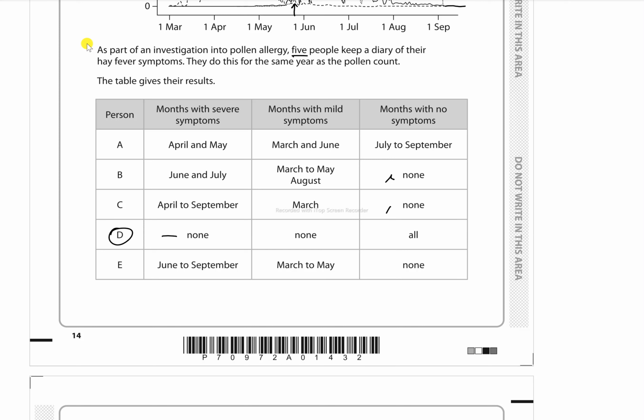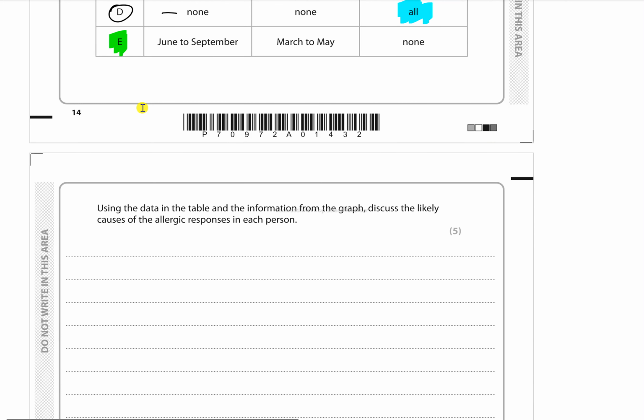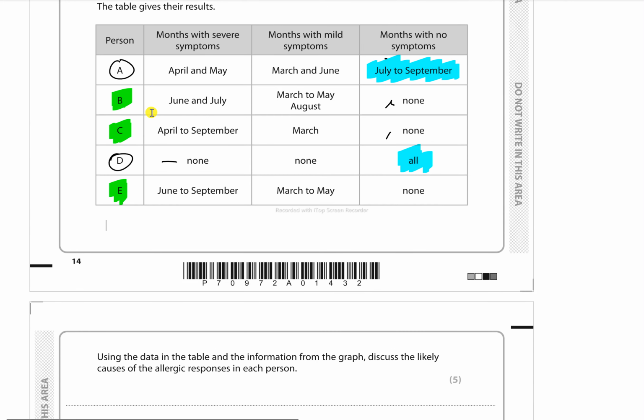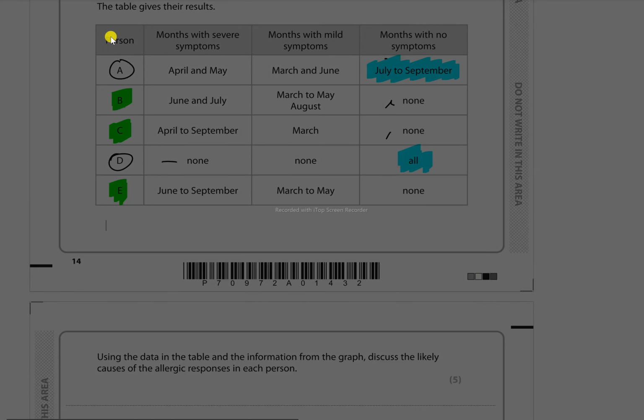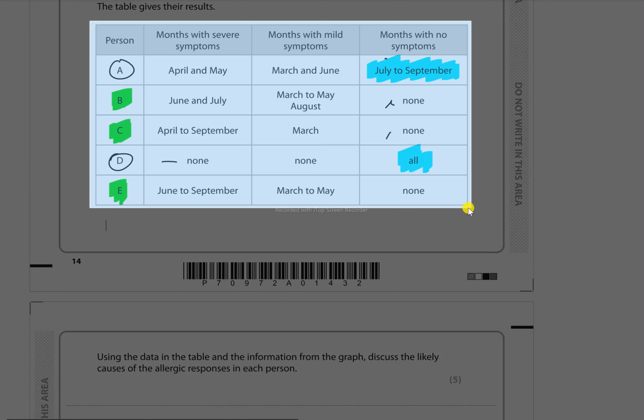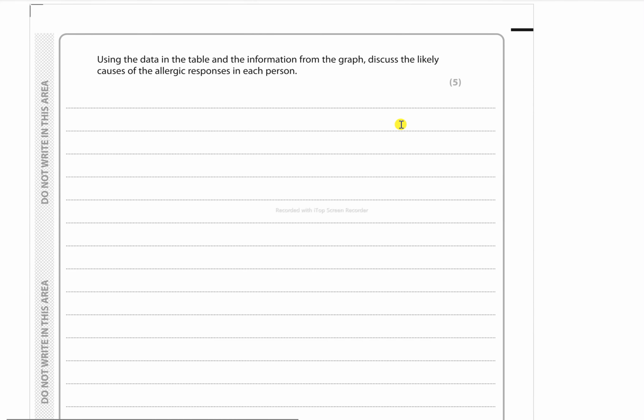This person's got some hay fever. And these 3 people have got different types, March to May. Right, that'll be interesting. So we need to use the data.